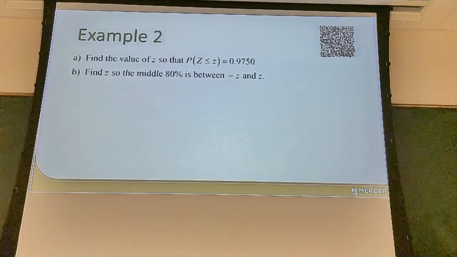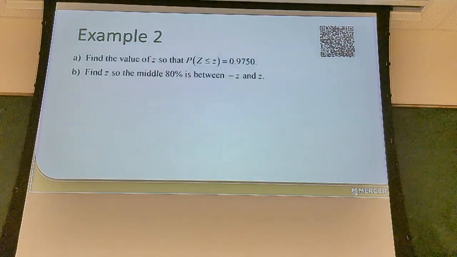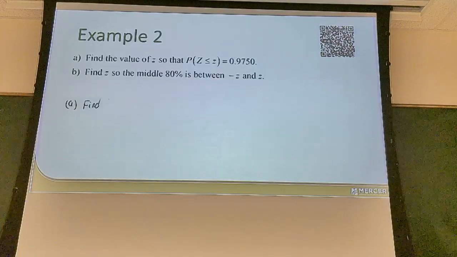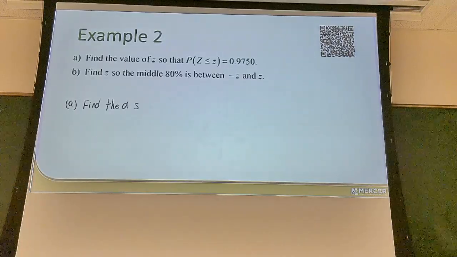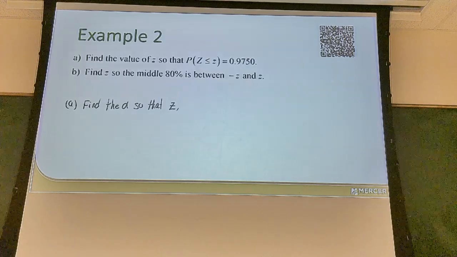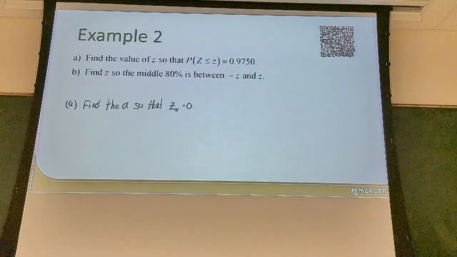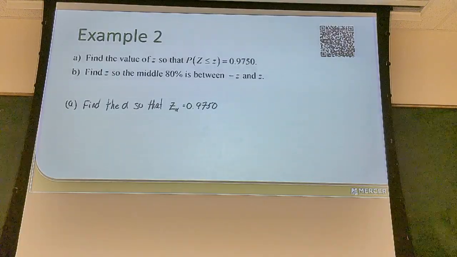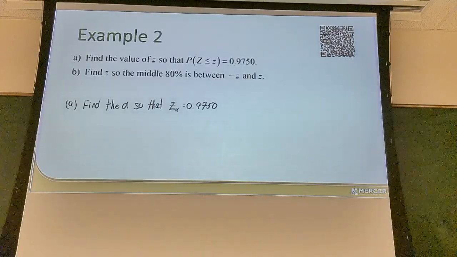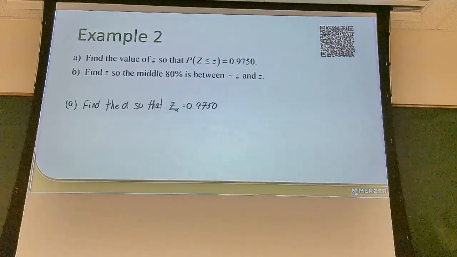In other words, find that alpha: find the z-score that has an area to the left of 0.9750.